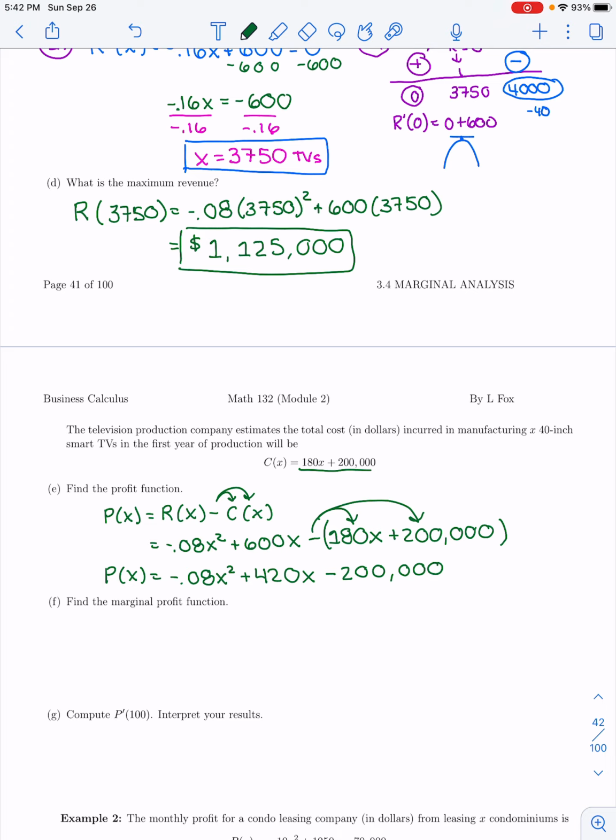Which makes sense. If we plug in P of 0, if we want to calculate our profit off of selling nothing, we should get a negative number. They've invested all of this money into having this big company in this big building with all of these employees, and they're paying taxes. And if they sell 0 things, if we plug in P of 0, they're going to have a profit of negative 200,000.